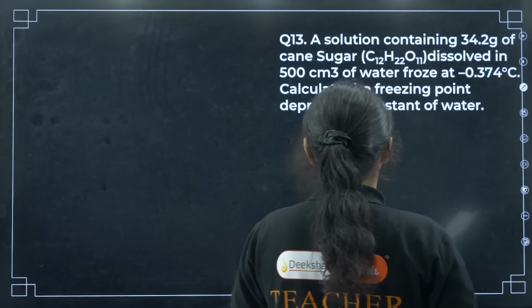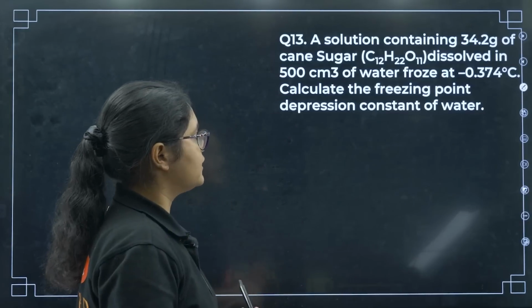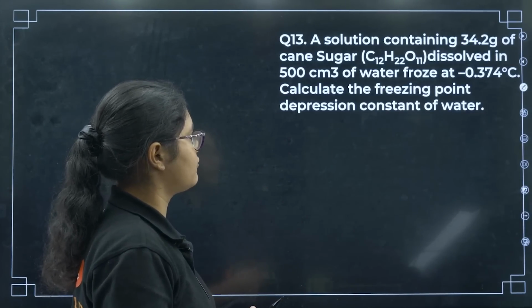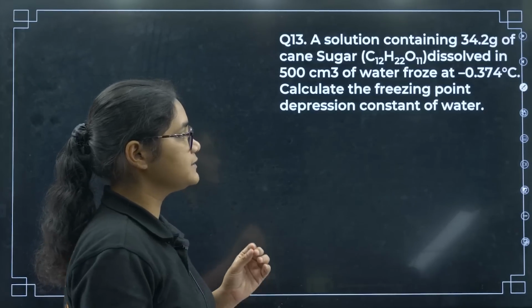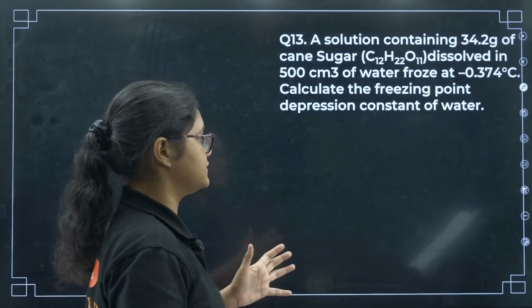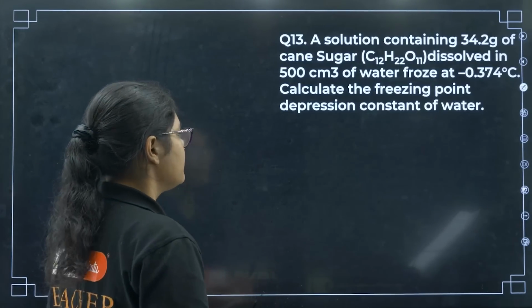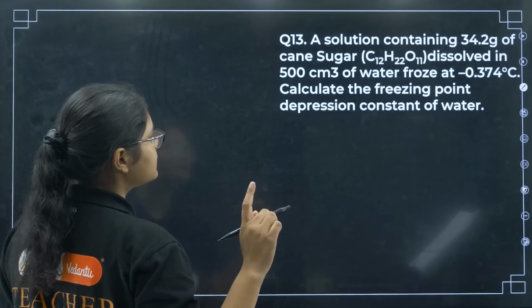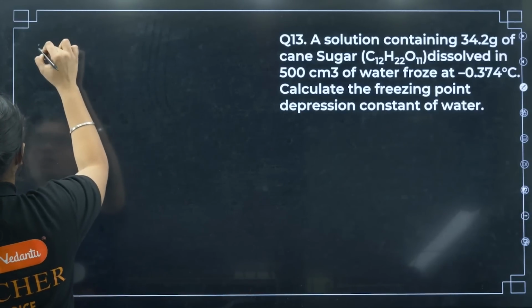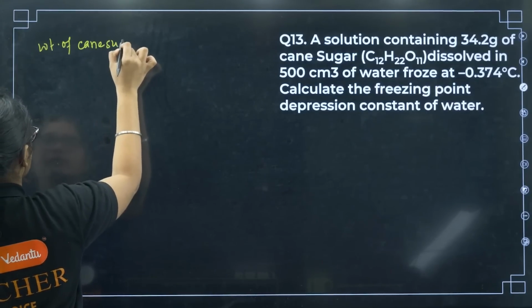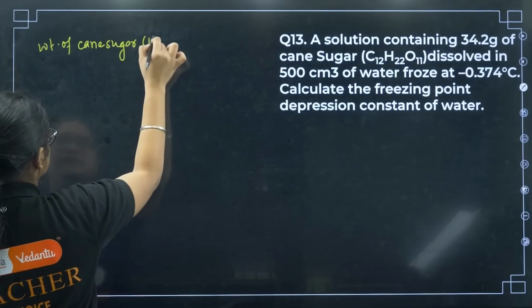Next, coming to question number 13. A solution containing 34.2 gram of cane sugar dissolved in 500 ml of water froze at minus 0.374 degrees Celsius. Calculate the freezing point depression constant of water. Okay, so first write down 34.2. What is the weight of cane sugar? It is your solute, right? Weight of cane sugar, write down as W2.